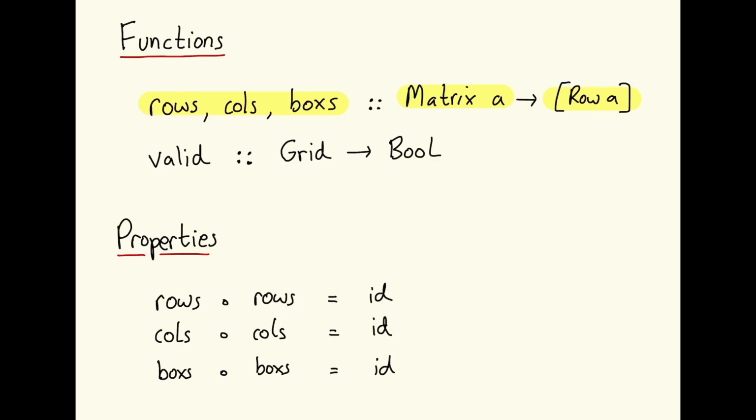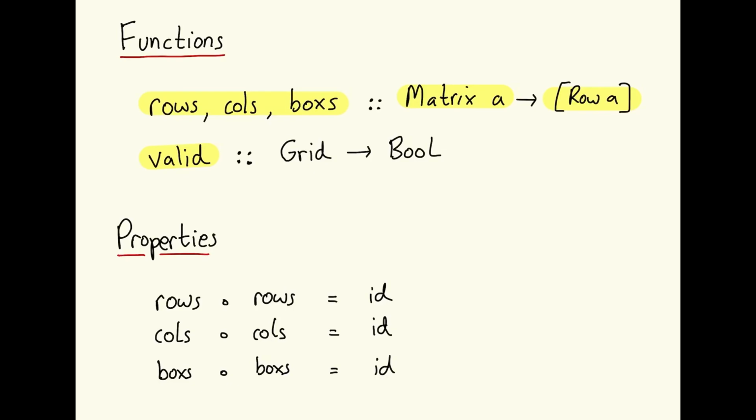Now what we ended up with last day is we defined a simple function called valid, which checks to see if a Sudoku grid is valid. And validity here simply means that there's no duplicates in any row, any column, or any box. So for example, the number 2 doesn't occur twice in a single row, or a single column, or a single box.